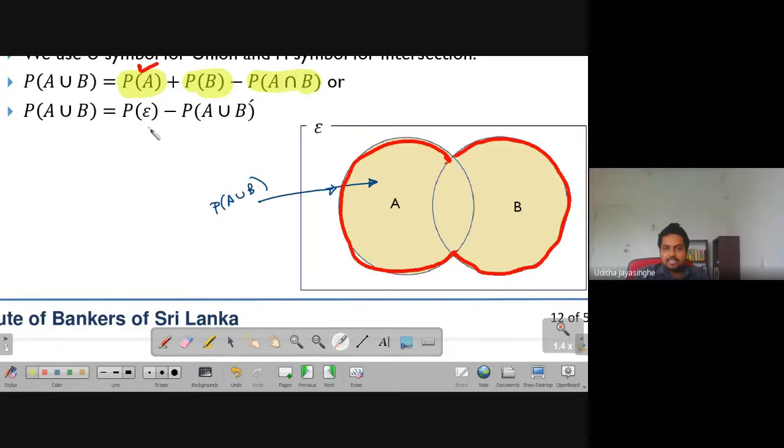Or another instance is that we remember, any event can be discussed with the complementary event also, isn't that so? So if you take this A union B complement, what is that area? This is that area.